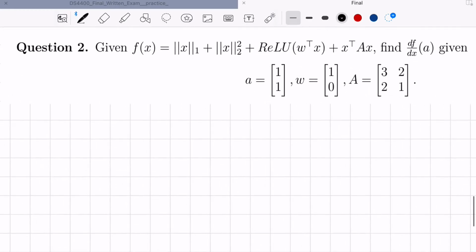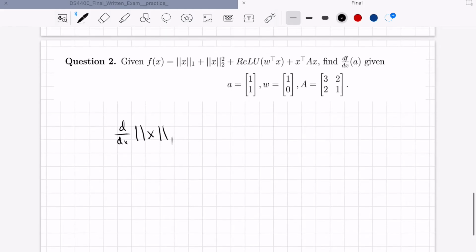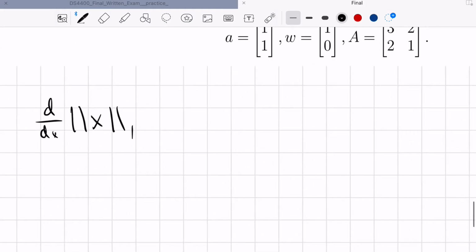Starting with the derivative with respect to x of the L1 norm. If you remember what the L1 norm is doing, it's simply taking the sum of the absolute values of each component of x.